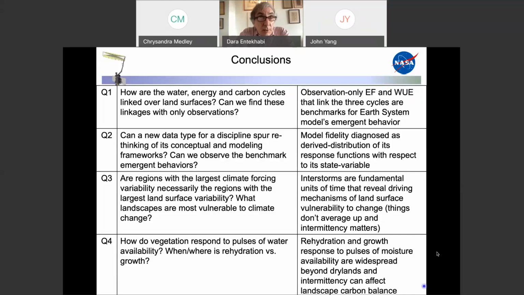Follow-up missions, there's a number of Earth Venture type missions being considered, but the most promising one in terms of continuity is the SIMMER mission. It's a European Union Copernicus mission. It's an operational mission around 2027. It's a multi-channel microwave, L-band, C-band, X-band, Ka and Ku.